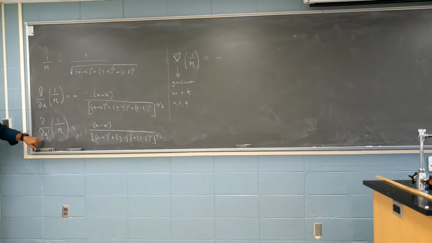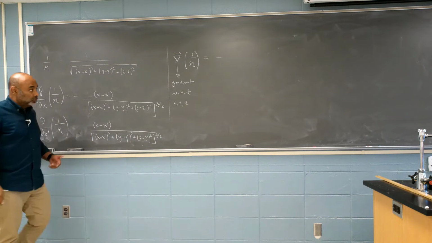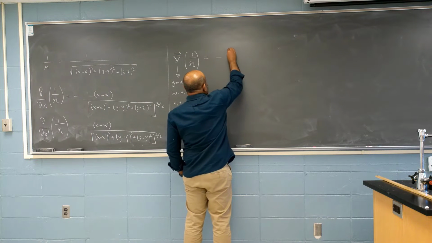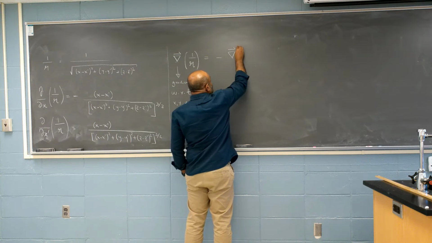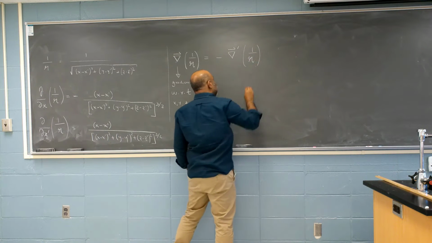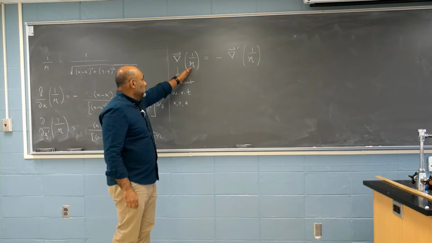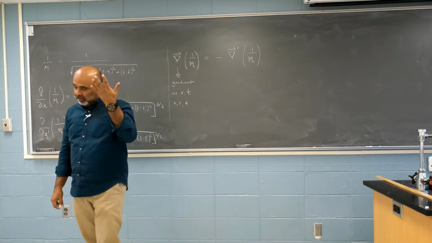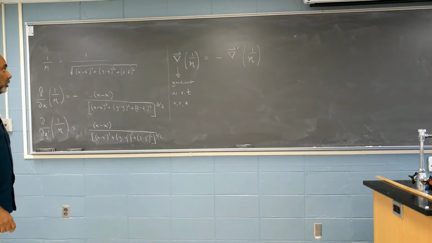But when you take the gradient, or derivative, with respect to x prime, y prime, and z prime, I need a notation for that, and the notation is the following: I put a prime here. Actually, we just took 1 over the separation variable, but you can have any function of the separation variable, and this will hold true.